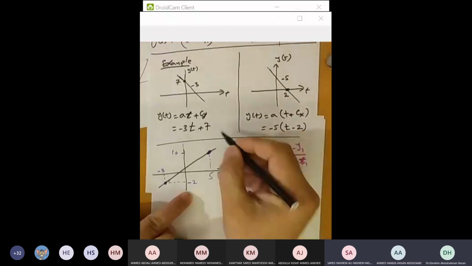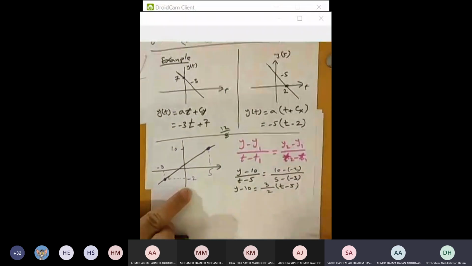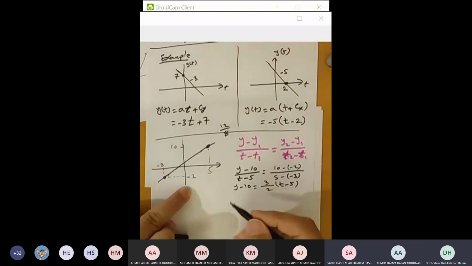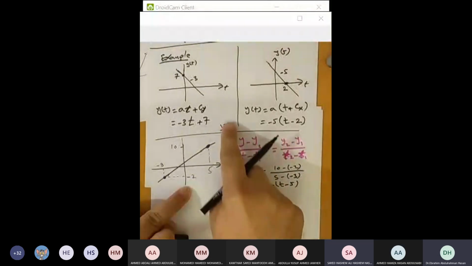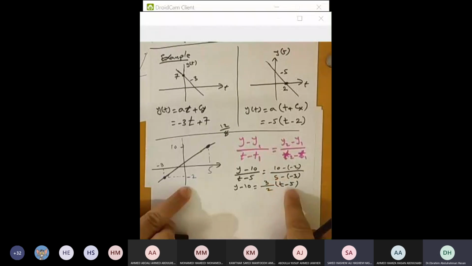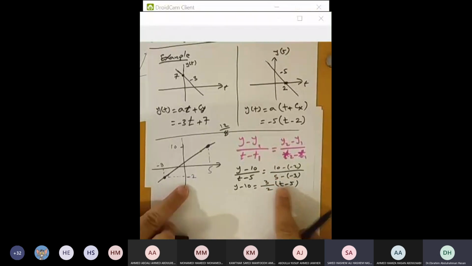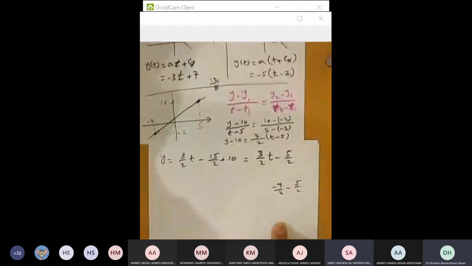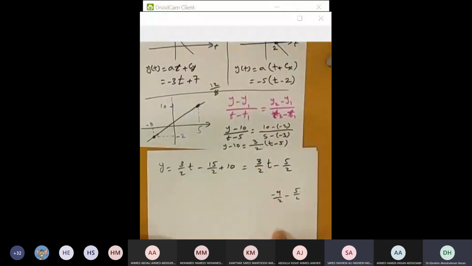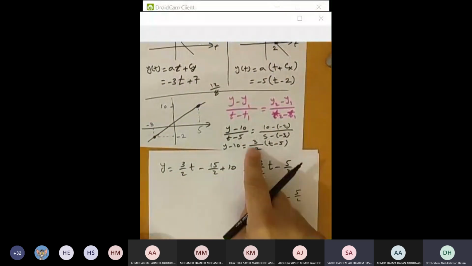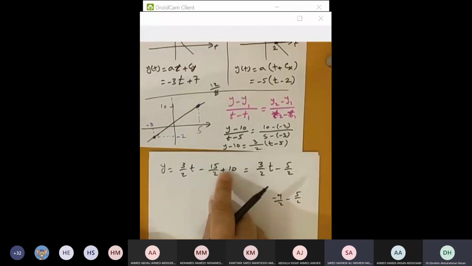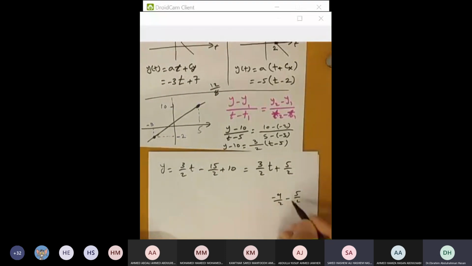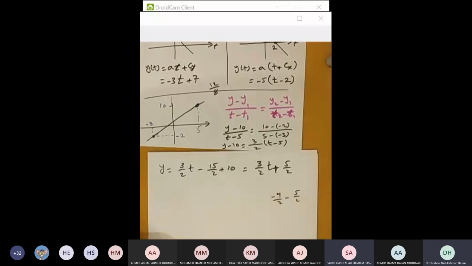Doctor, 12, yes. Just a moment. Then this one is equal to 3 over 2 t, plus, sorry, this is plus.